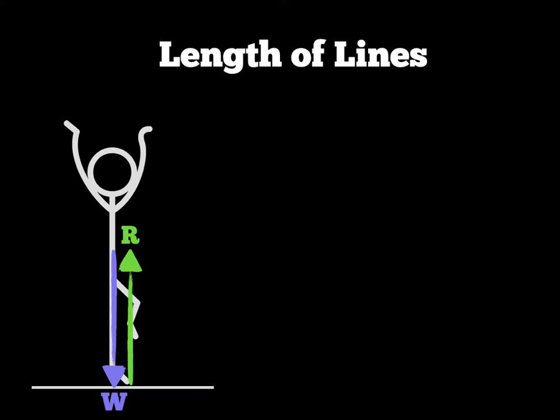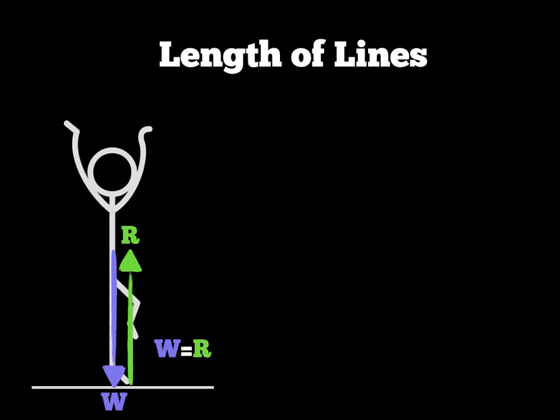If my diagram looks like that, what that actually means is reaction is the same as weight. And so we have to write W equals R, weight equals reaction. That means the performer doesn't move because the forces are the same. Remember what we said earlier on, the forces are balanced. The object or the person will not move.